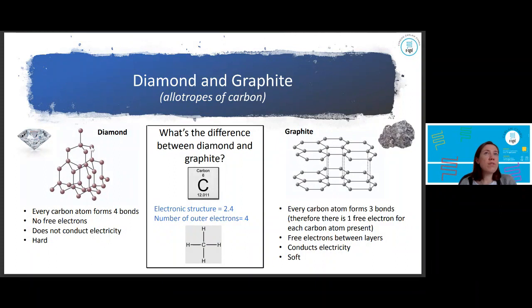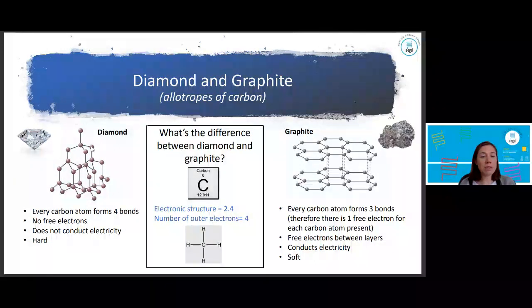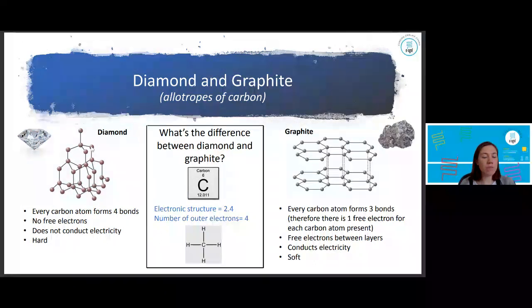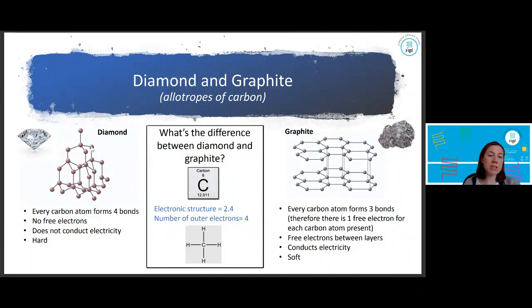So if there are no free electrons, that means diamond does not conduct electricity because charge cannot flow. And as I've already said, diamond is a very hard substance. That's due to the structure of diamond. This lattice of carbon atoms bonded in this way means it is very hard.